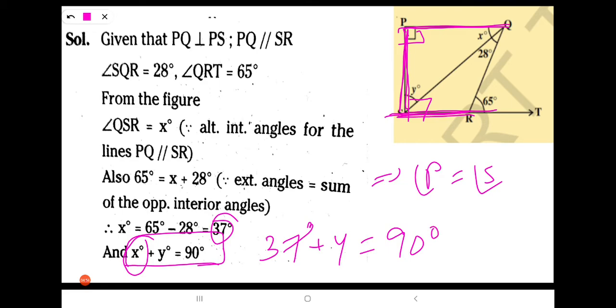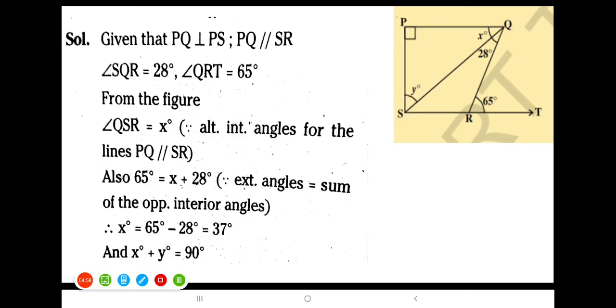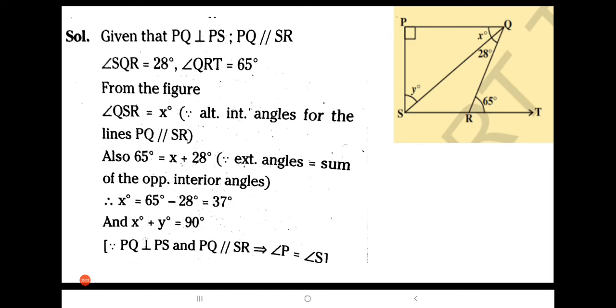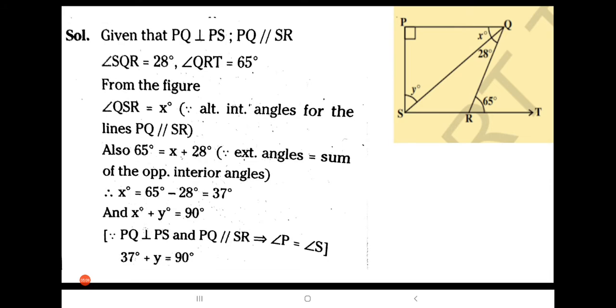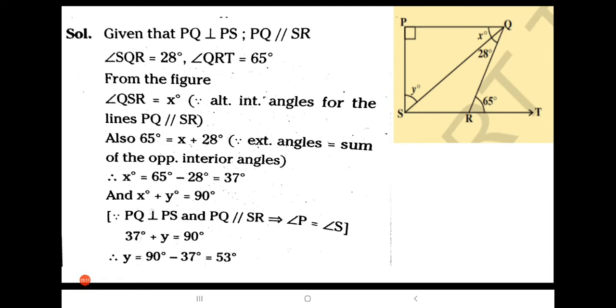If you transpose this 37 degrees to the RHS, we get Y is equal to 53 degrees. Once again I am repeating the concept from here.